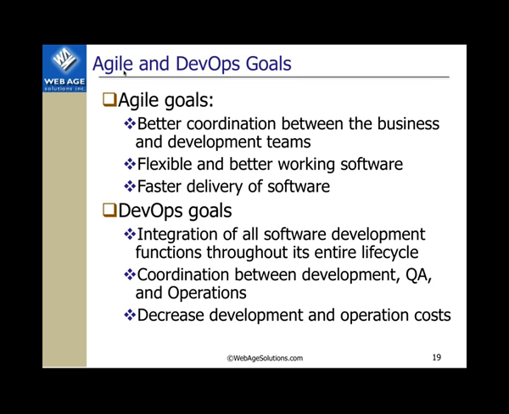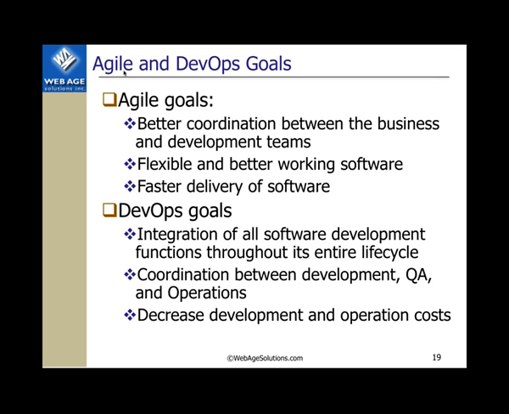So take, for example, the goals of Agile. Agile is interested in better coordination between business and development teams. It's concerned about being able to deliver more flexible and more effective software, and to be able to deliver that software faster. And taken in isolation, these are the primary goals of an Agile practice.